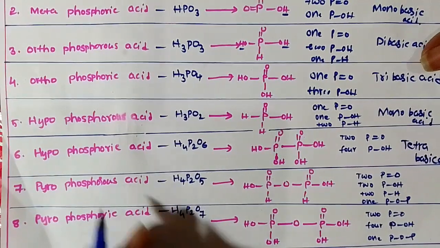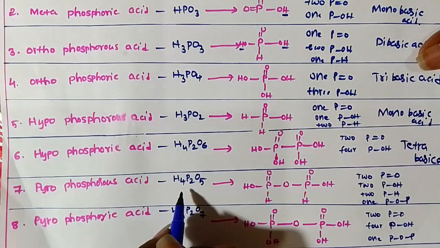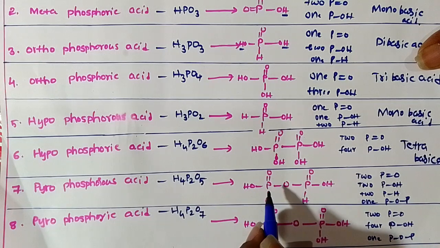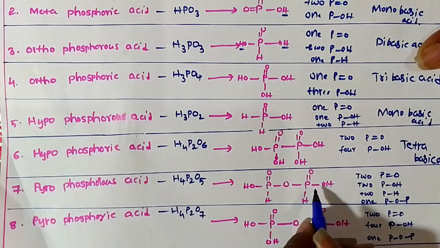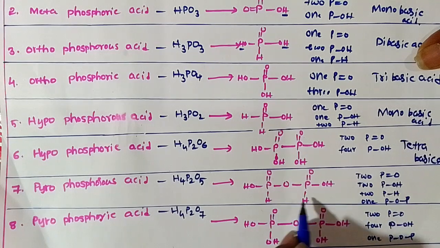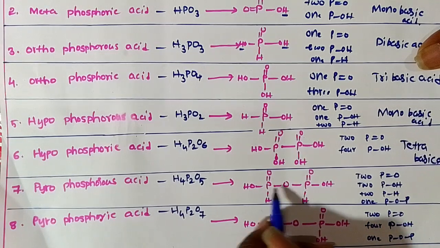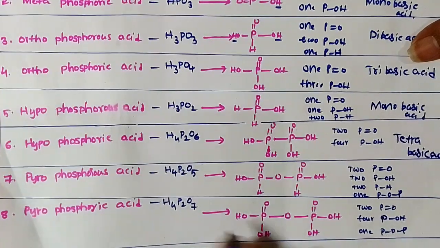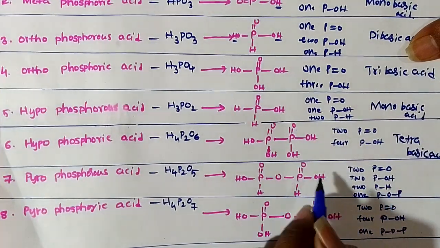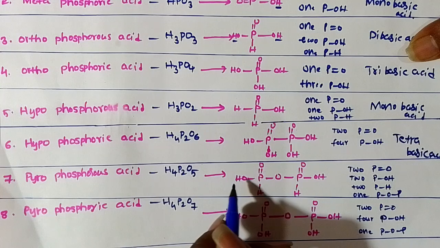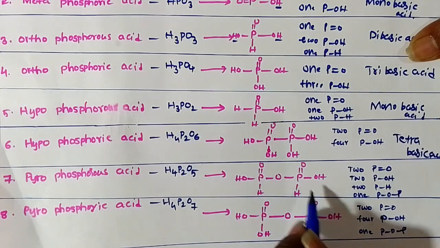Now coming to pyrophosphorous acid. The formula is H4P2O5 and the structure is like this. It contains two P=O groups, two P-OH groups, two P-H groups and one P-O-P bond. Due to the presence of two P-OH groups, it contains two acidic hydrogens. These two hydrogens can be replaced with a base.